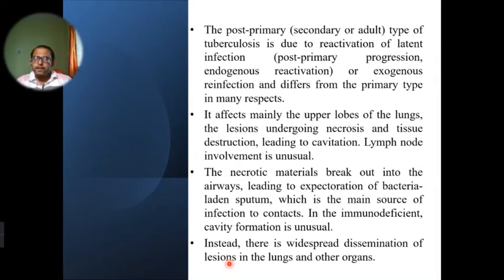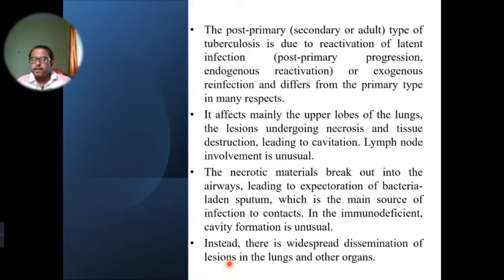While post-primary tuberculosis occurs due to the reactivation of latent infection. As I have told, after healing of the primary lesion, a few bacteria are present in these healed lesions.